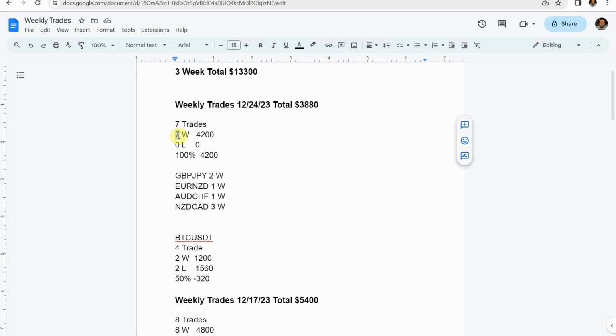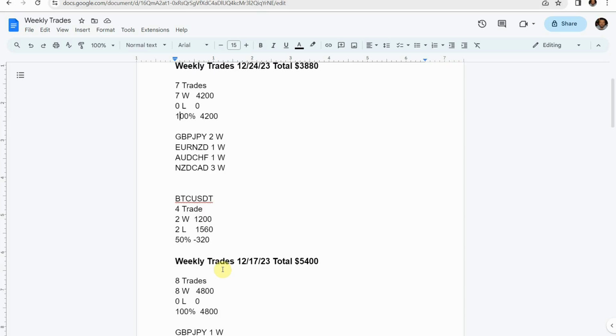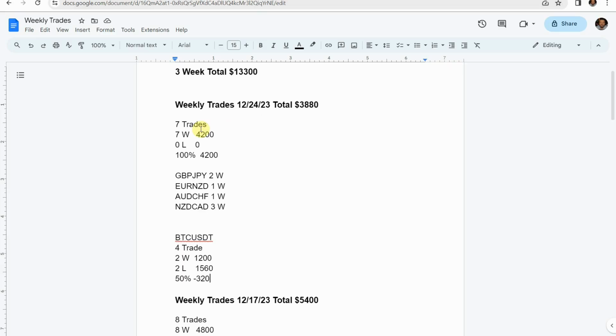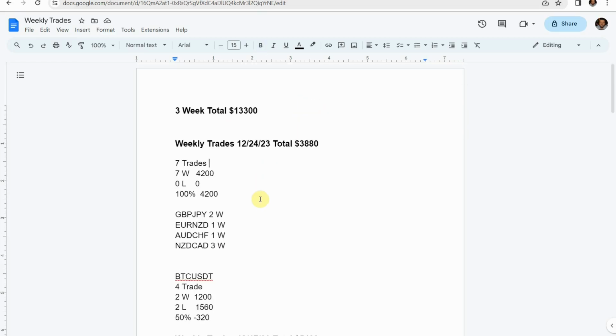We had 7 winning trades for a 100% win rate, a gain of $4,200. On the crypto coin, though, we had 4 trades, 2 winning trades, 2 losing trades. So we took a little bit of a hit on that one, a negative $320. Add those together, that gives us $3,880 on the week, so still plenty profitable.